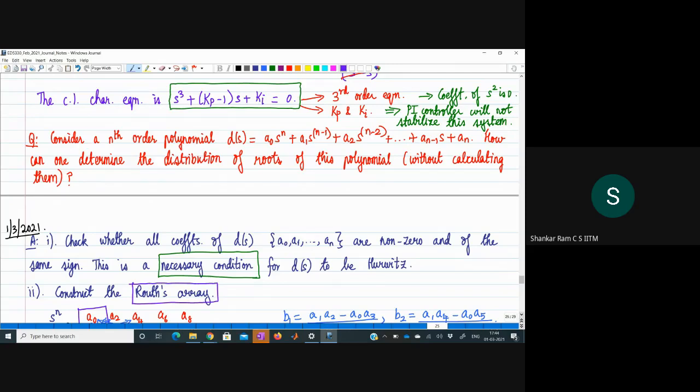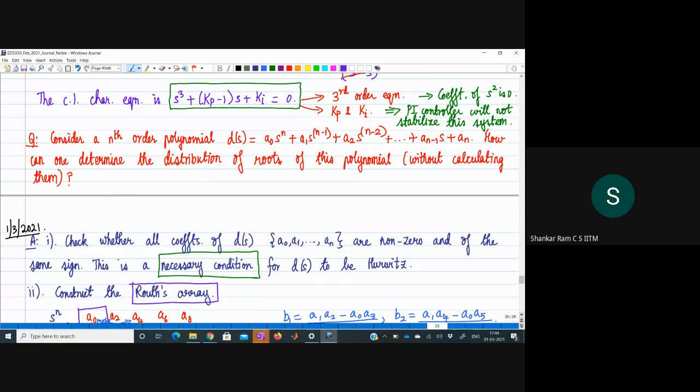Is that clear? So you can immediately realize that there is no value of KP and KI which will ensure that the S squared coefficient will appear in this equation. So the S squared term is 0, and the necessary condition in the Routh criterion itself is violated.